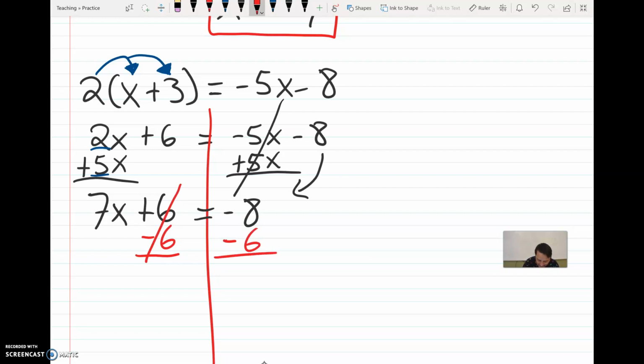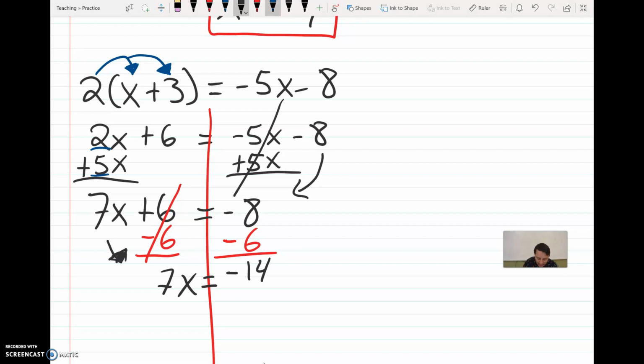That's negative 8 and a negative 6. Remember, for this, guys, if they have the same sign, we add them and keep the sign. So 6 plus 8 is 14. Keep the sign, that's negative. Just bring that 7x on down. So that's 7x equals negative 14. Last but not least, guys, we're going to go ahead and divide. Because remember, this 7 is multiplying this x right here, right?